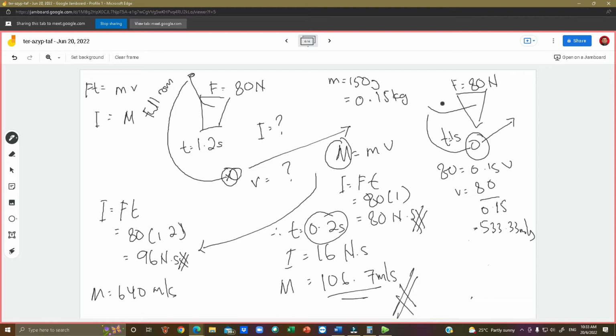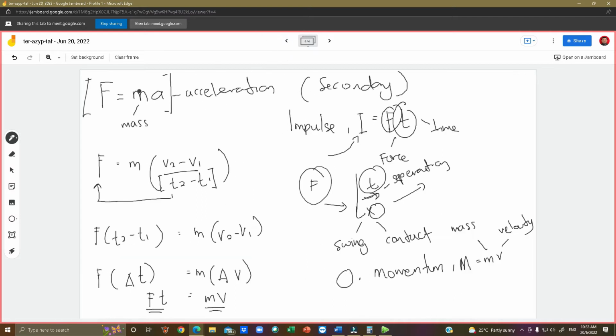Ini cara untuk kamu explain lah why we need to have full ROM based on kinetics. Okay, this is based on kinetics. So the thing that I show you here, the derivation of F equals to MA up until you have Ft equals to mv, this is what we call as impulse momentum theorem.